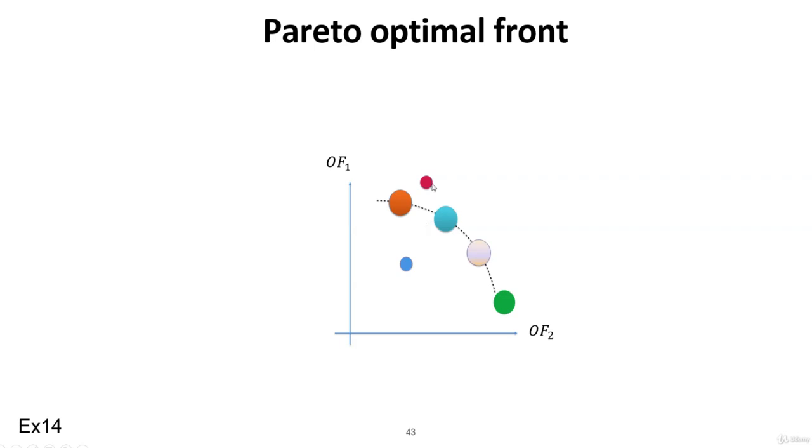If I ignore these two new solutions and just look at these 4, these solutions are not better than each other in every aspect. If I improve one objective function, I'm deteriorating the other one. So the question is, if I have a problem with 2 different objective functions, how can I find these Pareto optimal solutions?